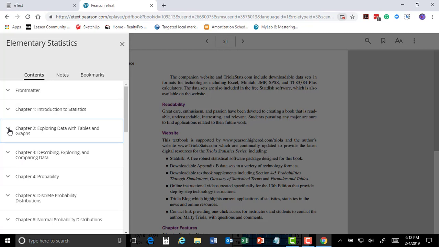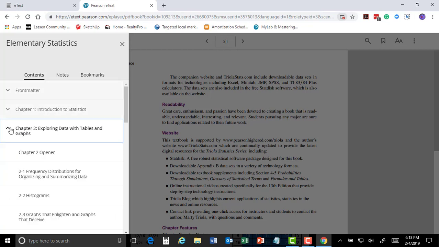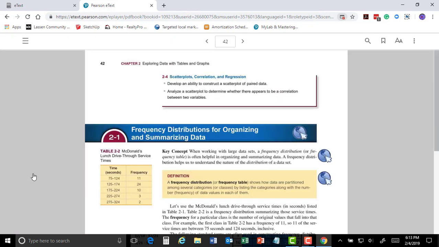Describe. That was probability. Did it move? You have to select another. So chapter 2, and then it gave you a list. Okay, so good. So you're an expert. So here we go.